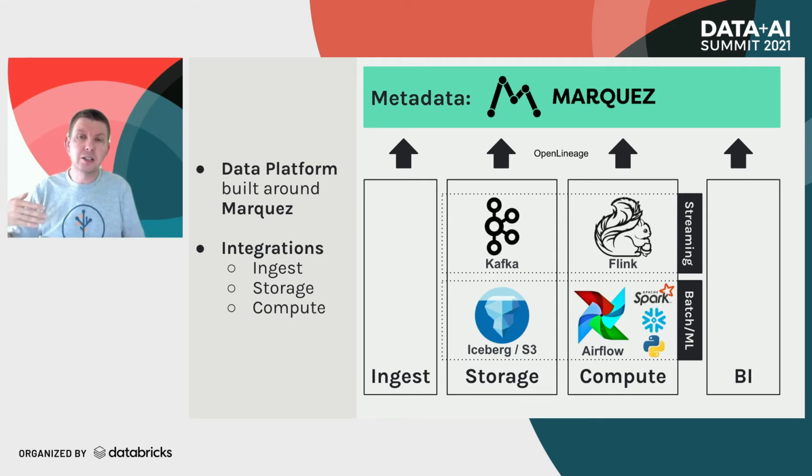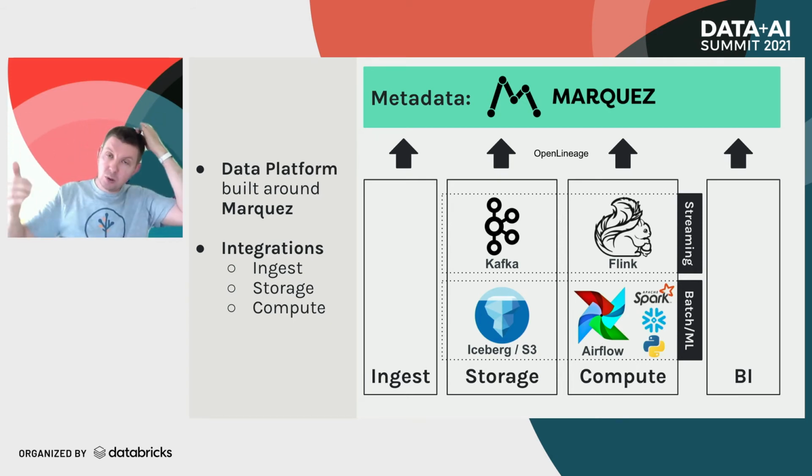The compute layer may have streaming like Flink or Kafka Streams or other things. And on the compute layer, typically you have a scheduler like Airflow or something else that may schedule Spark jobs or SQL queries in Snowflake, for example. And you have a BI layer on top. So the goal is to instrument all those things.